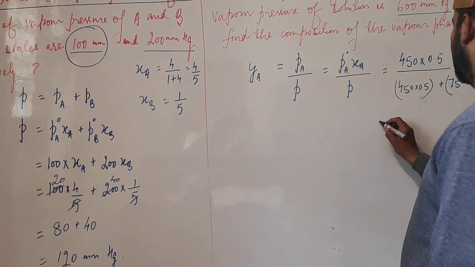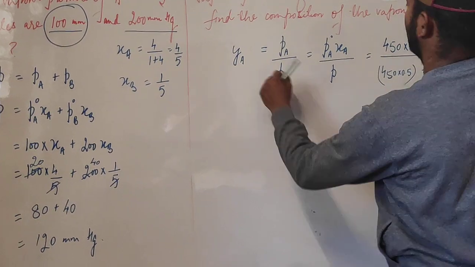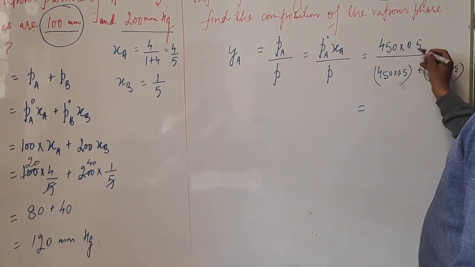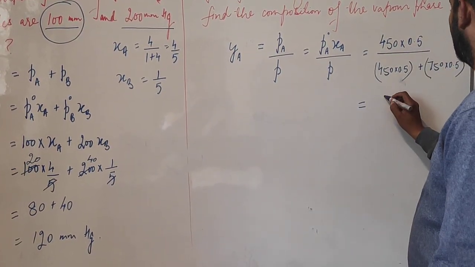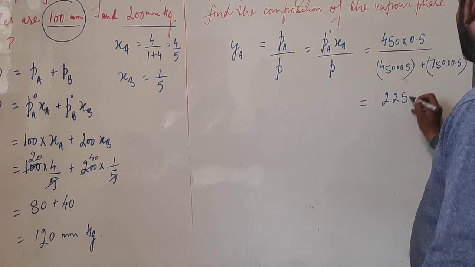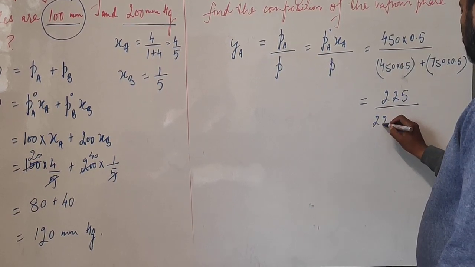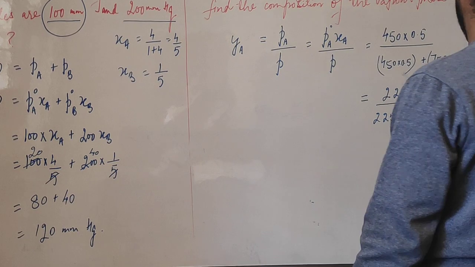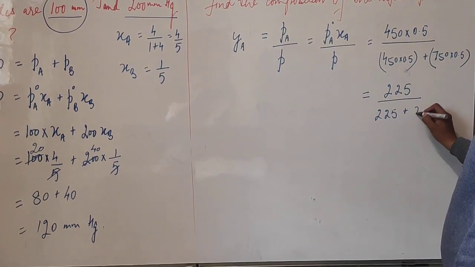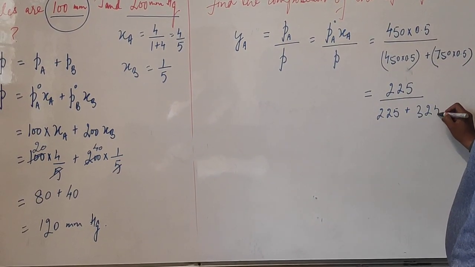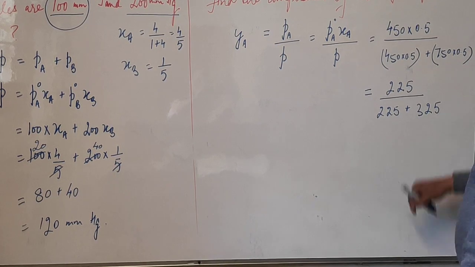So from this we determine the mole fraction of A. So half of 450 would be 225, plus half of 750, this will be 325.